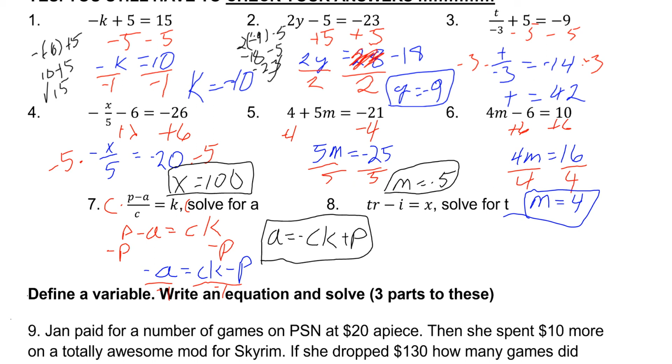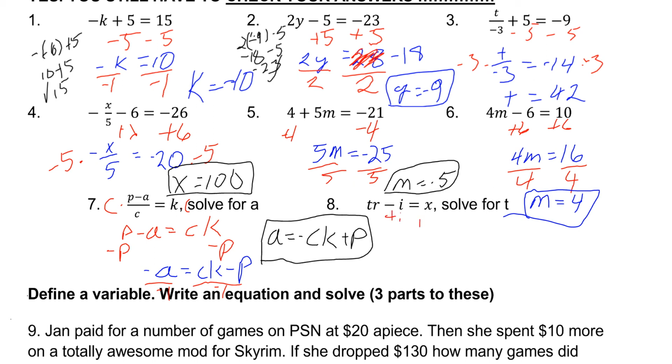Number 8. We got TR minus I equals X. So it's asking us to solve for T. Now, this is what we're used to. We're going to add the I to both sides.